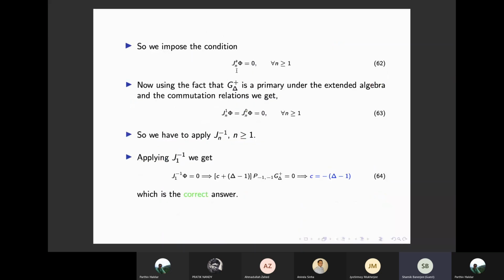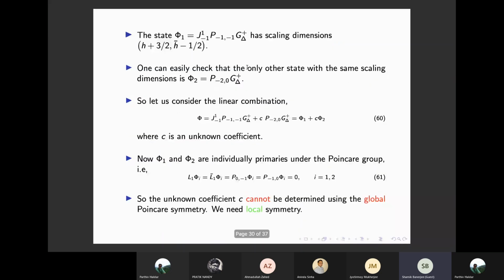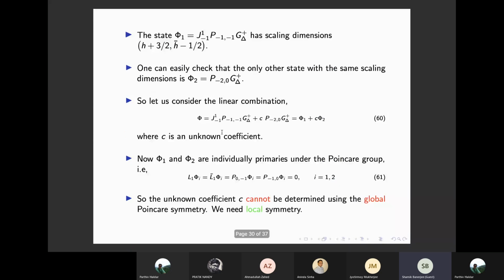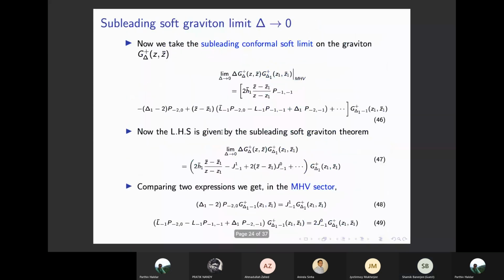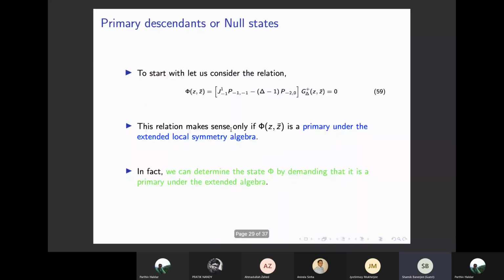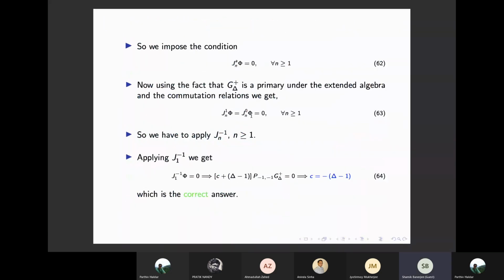Suppose you apply this J A n acting on phi, where phi is this phi 1 plus C phi 2. Then you can easily check, using the fact that this G plus delta is a primary under the extended symmetry algebra, that J1n and J0n both kill phi.